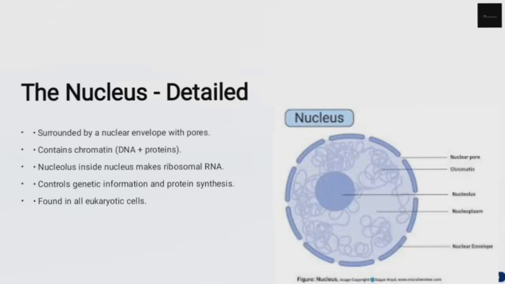Hello, sir. You said that the nucleus is where ribosomal RNA is produced. Yes. What is the nucleus now from this diagram?